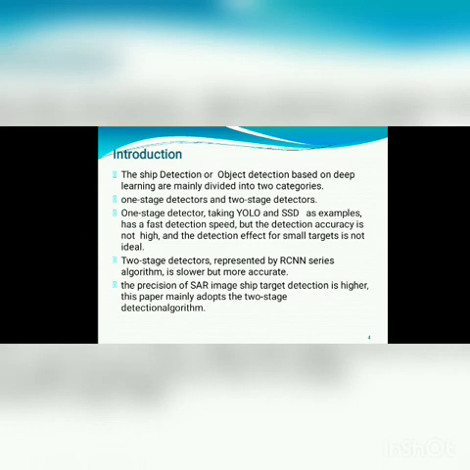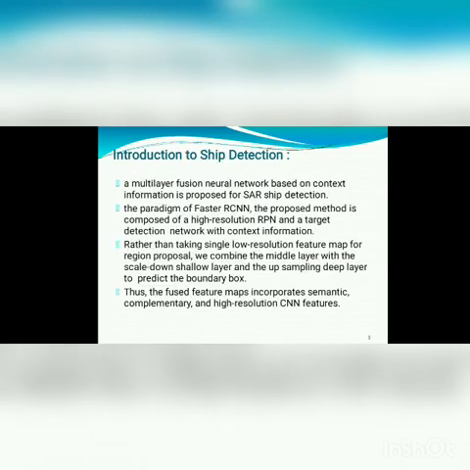region convolutional neural network. The precision of SAR image ship target detection is higher, and this PPT mainly adopts two-stage detection algorithms. A multilayer fused neural network based on context information is proposed for SAR ship detection. The paradigm of Faster RCNN is proposed.